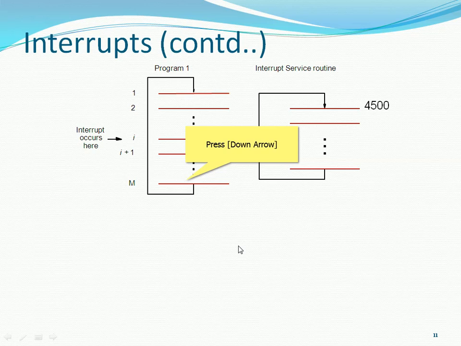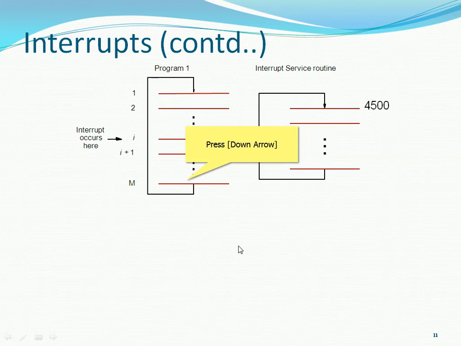Then control is given to the interrupt service routine of the device that enabled the interrupt. From the ith instruction, it goes to the interrupt service routine, which has the starting address of that subroutine. Let us assume that 4500 is the starting address of the first instruction of the subroutine.